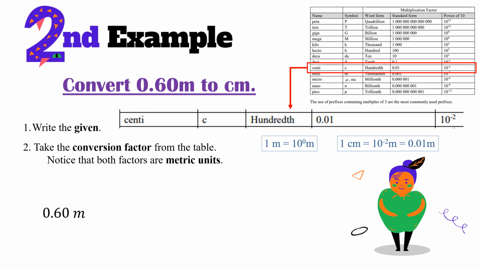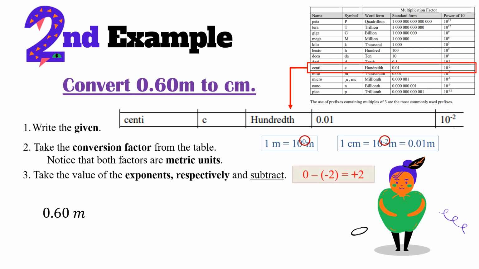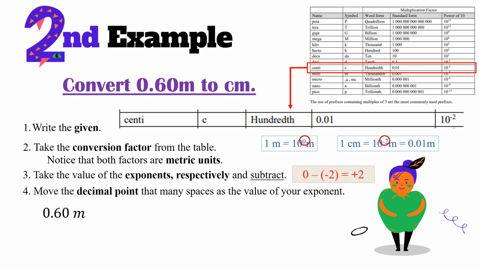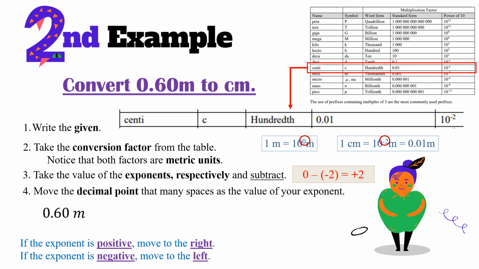Since we are converting from meters to centimeters, we subtract their exponents respectively. Since we have a positive exponent, we are going to move your decimal point to the right. Okay, so the answer now is 60 centimeters.